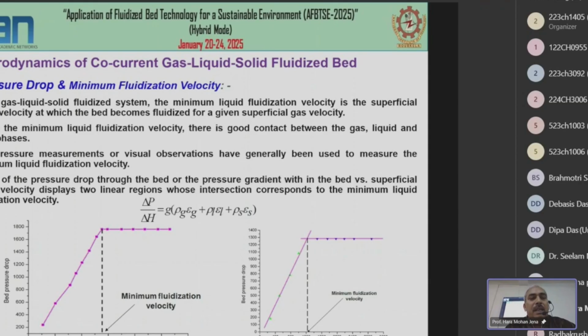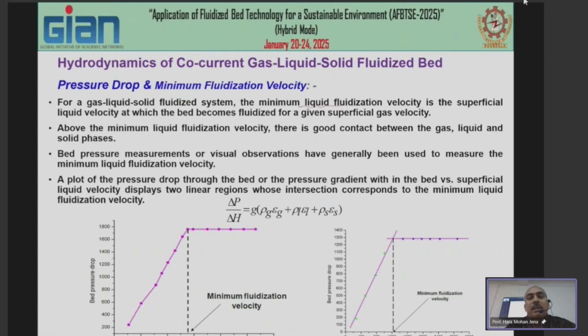For a gas liquid solid fluidized system, the minimum liquid fluidization velocity. Liquid fluidization velocity means liquid is the continuous phase. That's why the minimum liquid fluidization velocity is the superficial velocity of the liquid at which the bed becomes fluidized for a given superficial gas velocity.